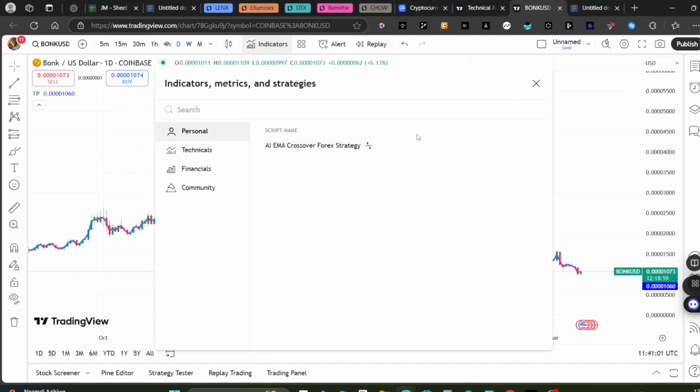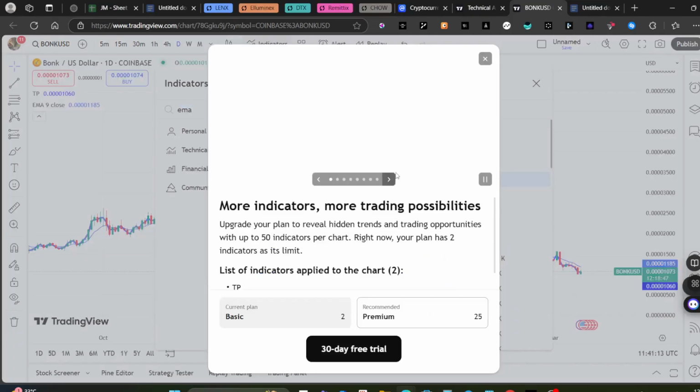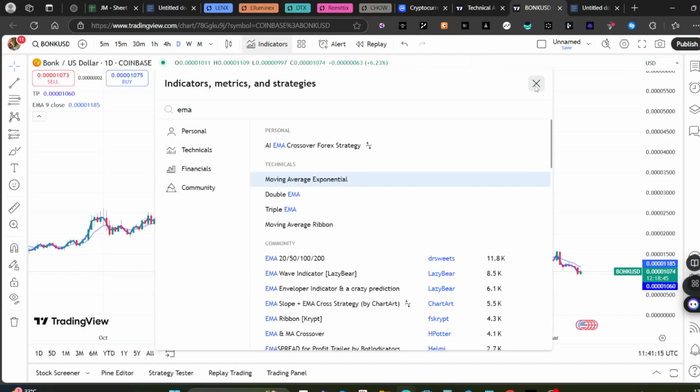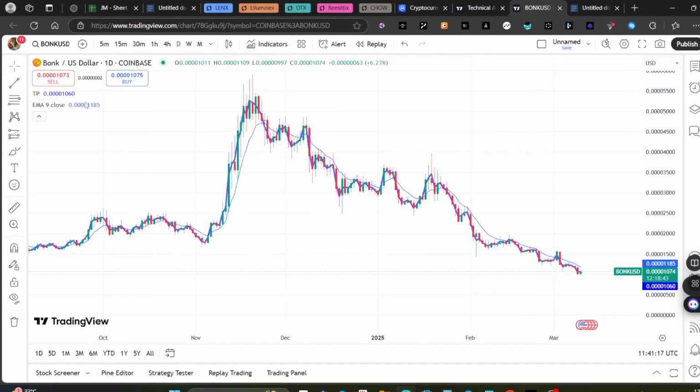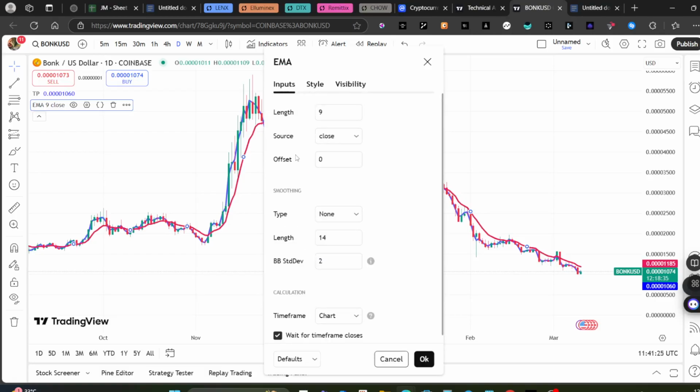let's just add the 50 EMA, shall we? Let's add a 50 period EMA to the chart. I'm going to change the color, thickness, and the input.